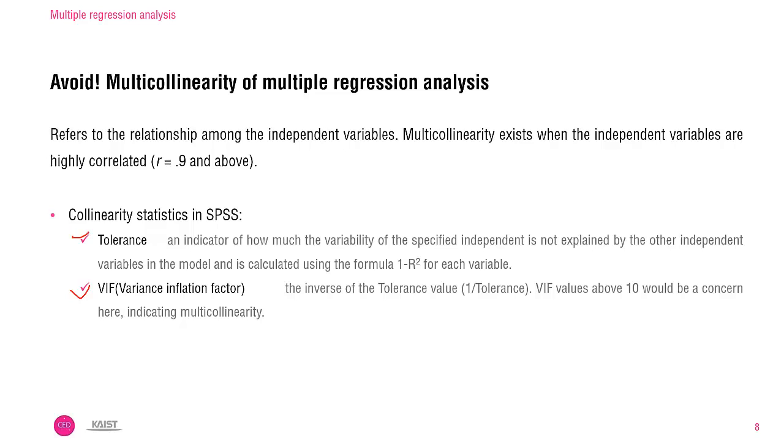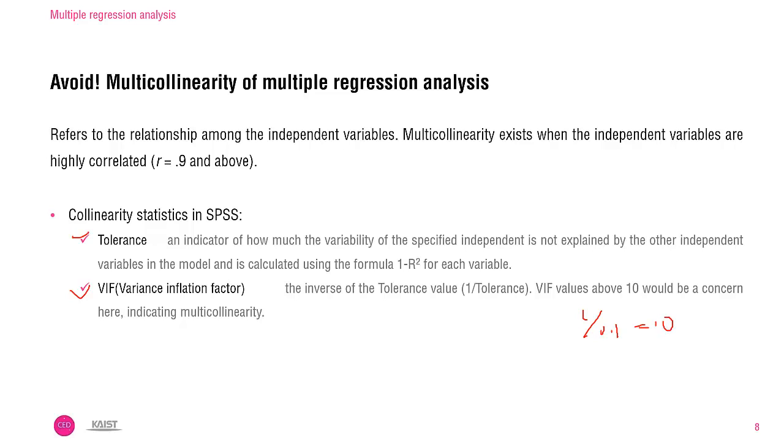So tolerance should be larger than 0.1. And the other value is VIF, variance inflation factor. This is the inverse of a tolerance value, so 1 over tolerance. VIF values above 10, so when 1 over 0.1 is actually 10, right?